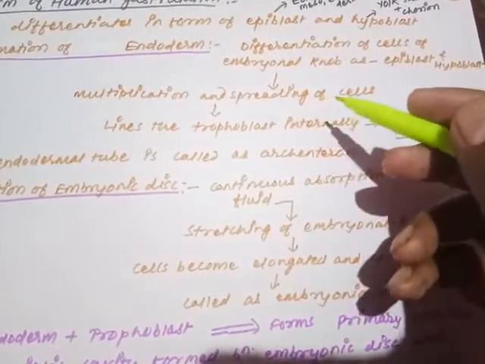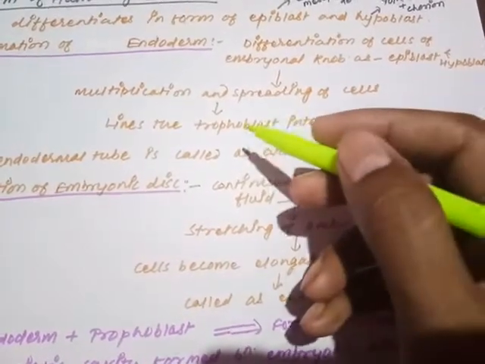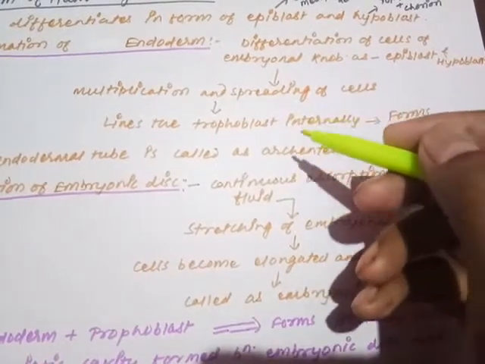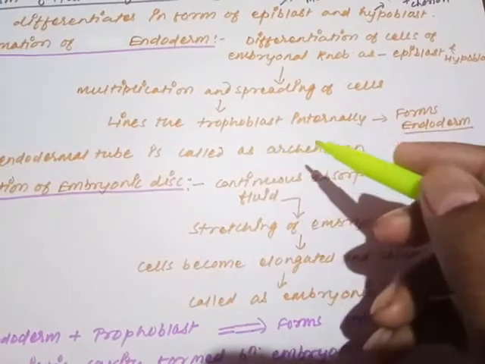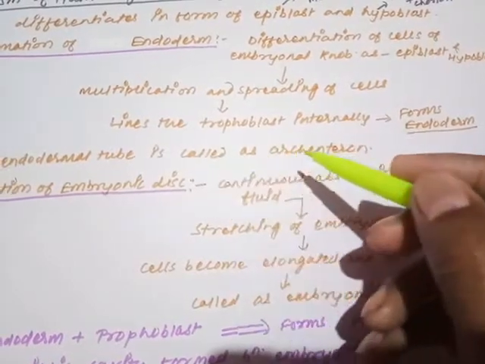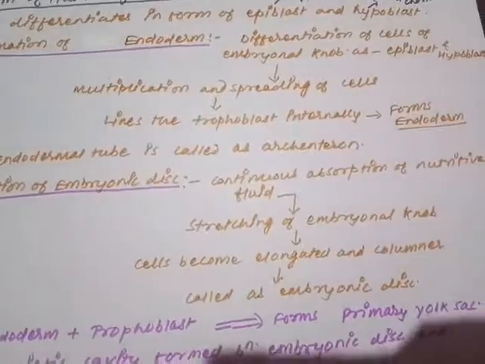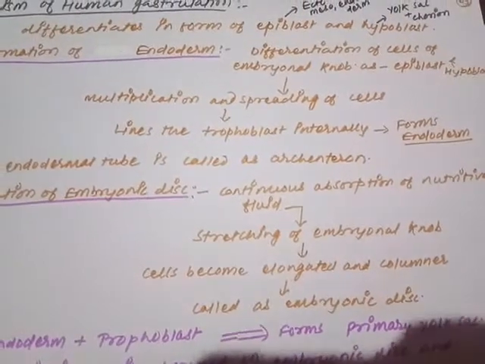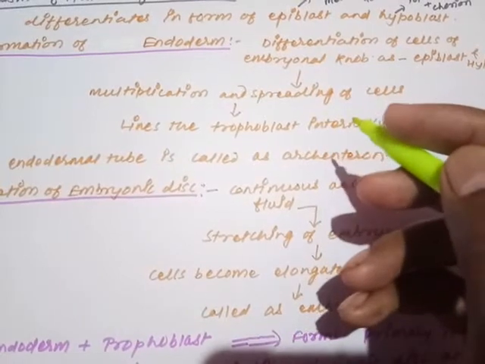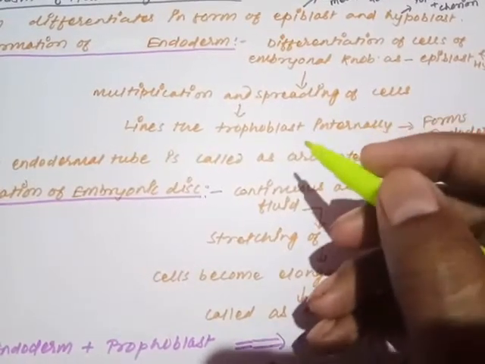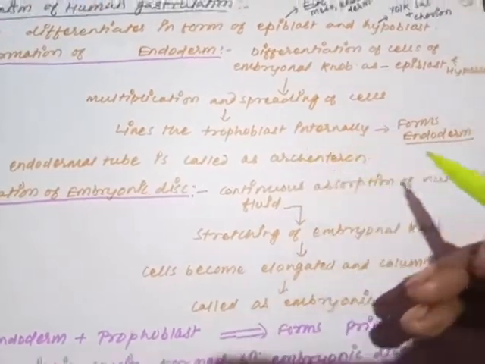Due to the increased number of cells in the epiblast, they are spreading, and they provide a lining, or a covering, below the trophoblast. Due to the differentiation and multiplication of the epiblast, the epiblast will start stretching continuously inside the trophoblastic layer and will form the endoderm.